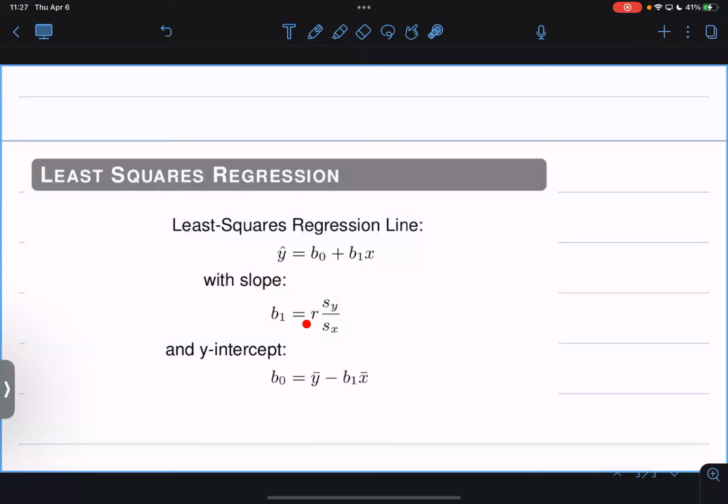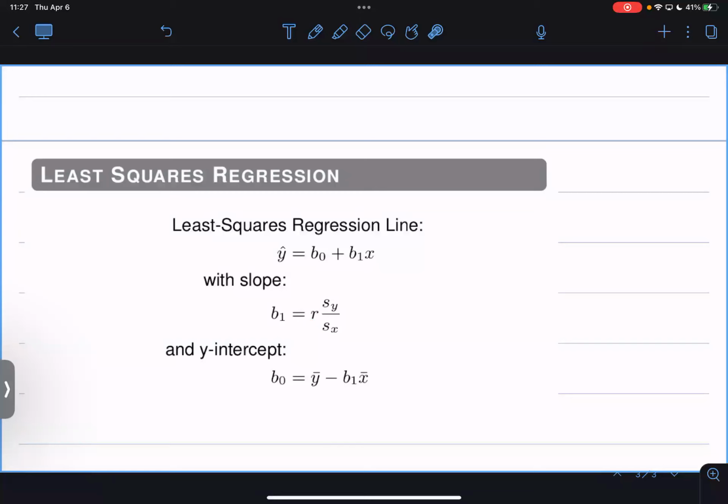So it's important to have the right sign on your correlation. Again, we see the standard deviation of y divided by the standard deviation of x. So it's going to be so important that you keep track of which is your explanatory variable and which one is your response, right?